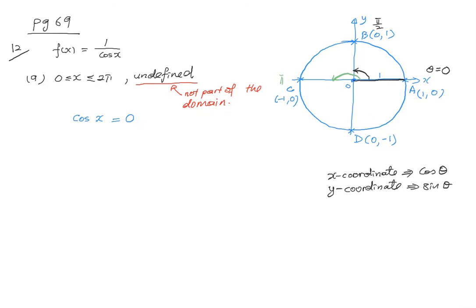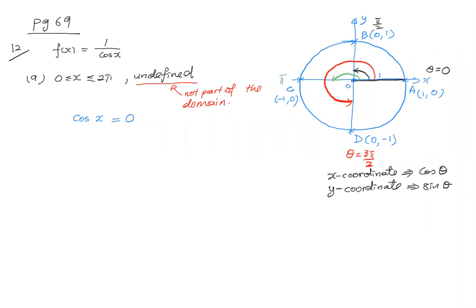If the angle turns until here, what is the size of the angle? 3 pi over 2. 1/4 is pi over 2, 3/4 is 3 pi over 2.